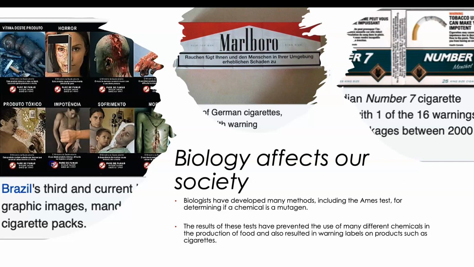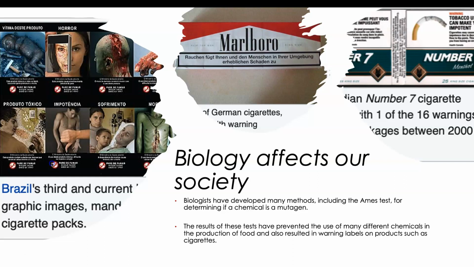This slide is just illustrating some of the warning labels that we now put on cigarette packages as a result of understanding of how mutagens kind of work. And so if you think back to the first week of class, first lecture, biology affects our society.